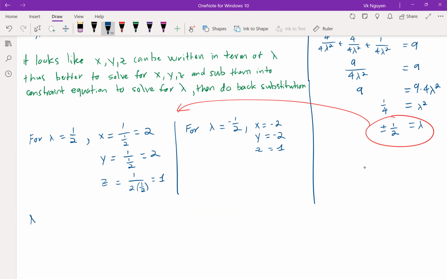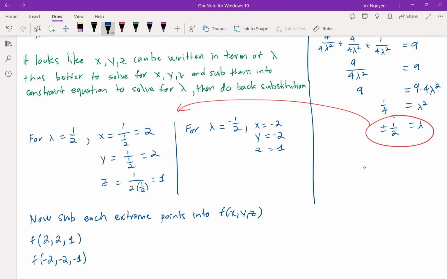Now plug each extreme point into f(x, y, z): f(2, 2, 1) and f(-2, -2, -1).